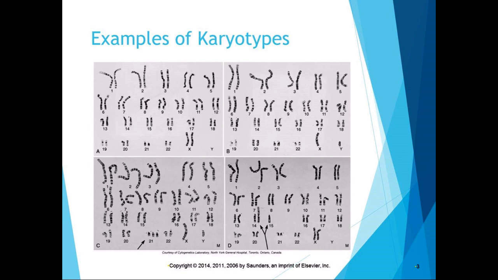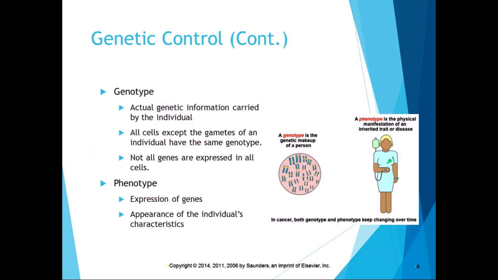In the last 20, 30 years, a lot of research has gone into mapping chromosomes, mapping genes, and figuring out what parts of the genes do what, with an eye towards treatment of genetic disorders later on.